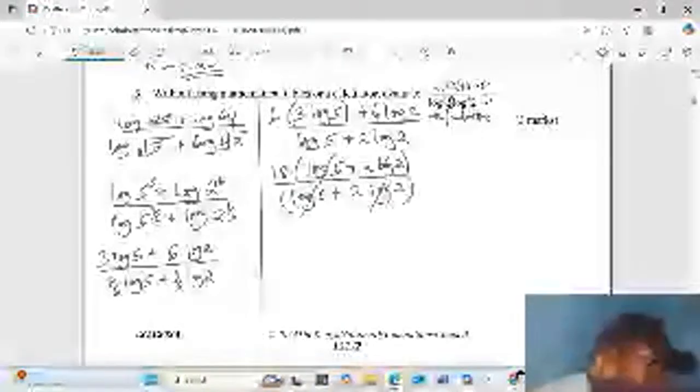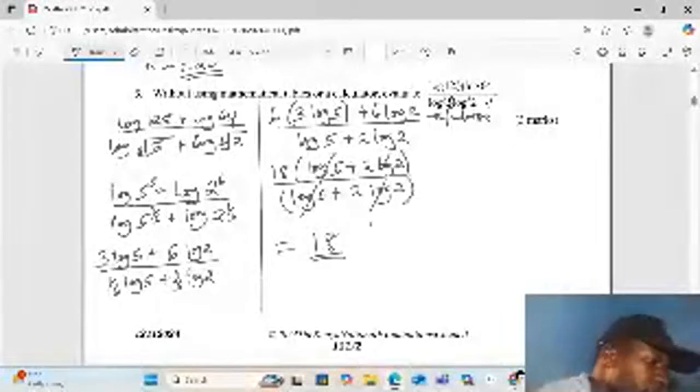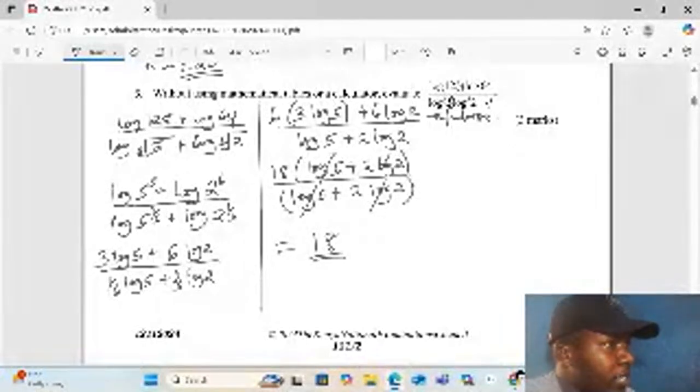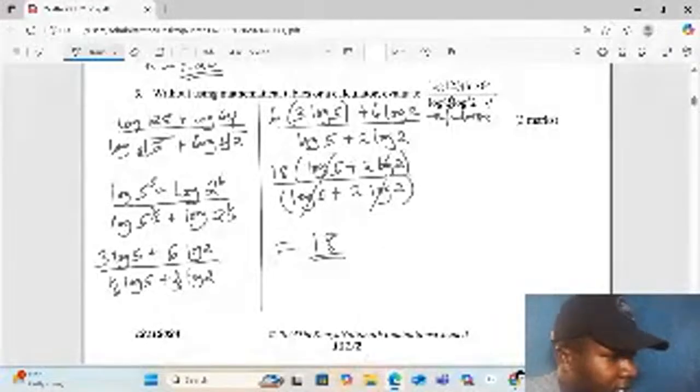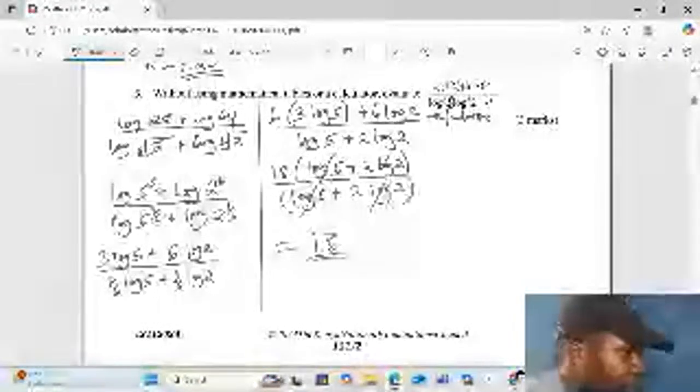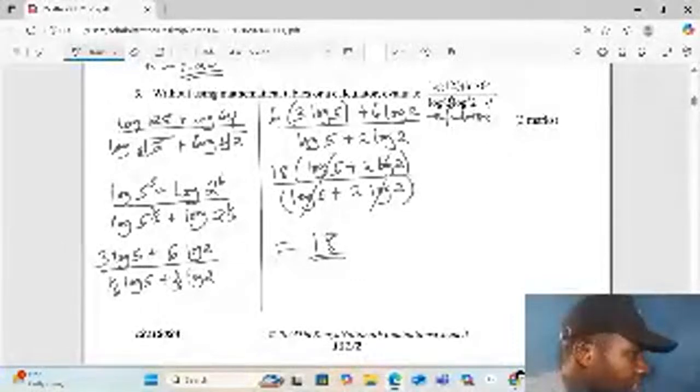Then you remain with 18 as your answer. That is how you get your 3 marks. As simple as that. So your final answer becomes 18.